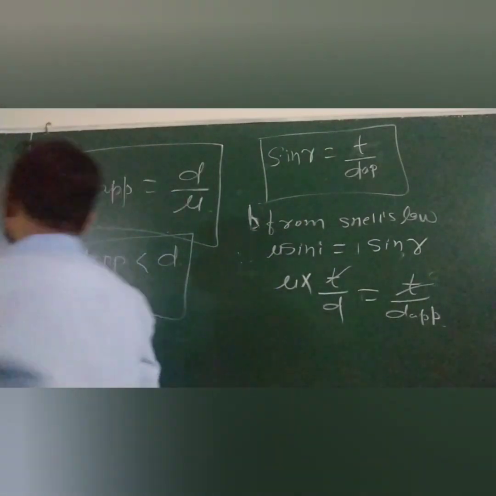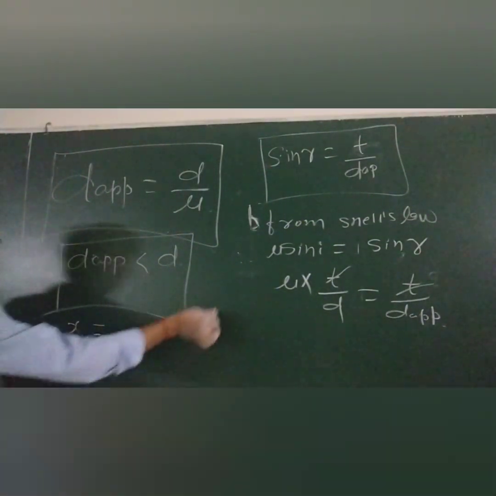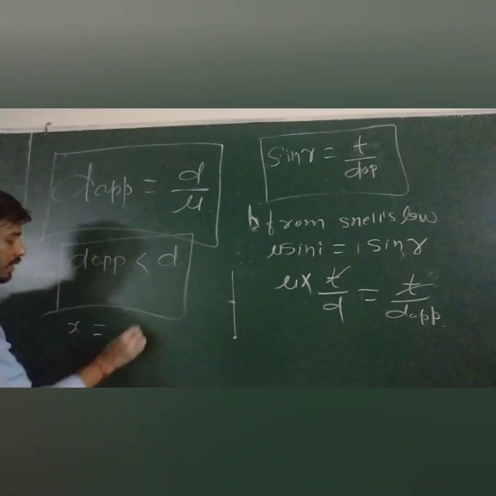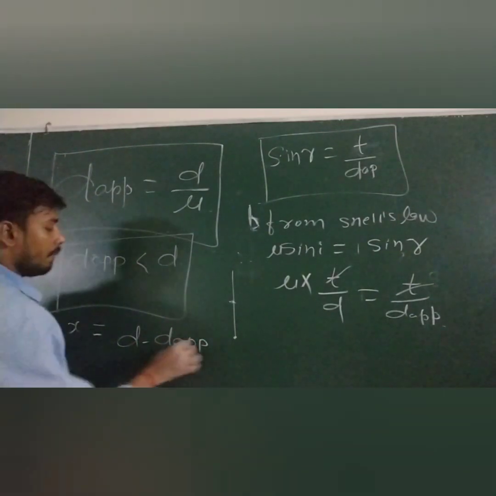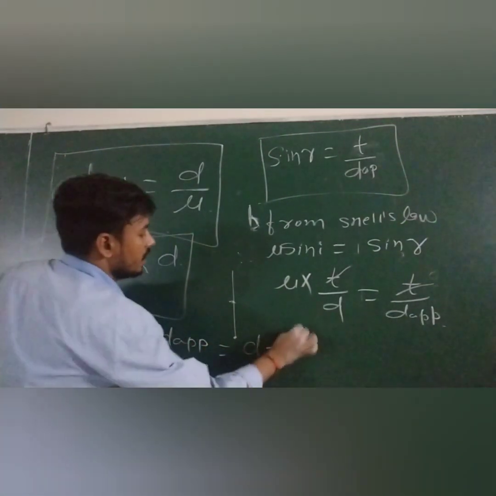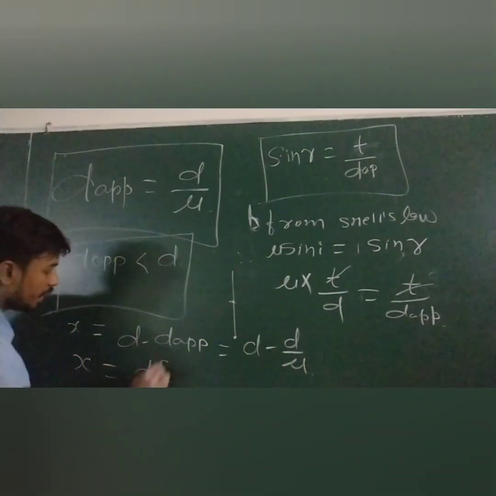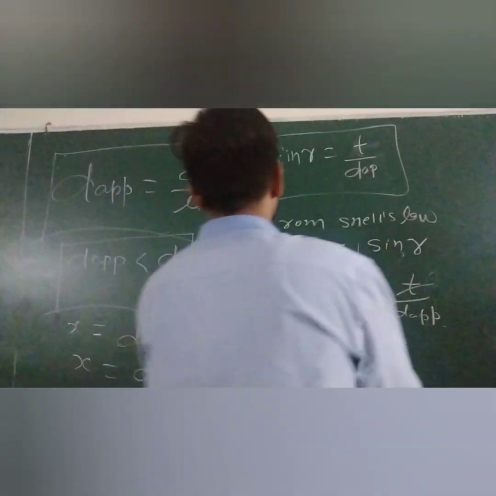This is called normal shifting. Normal shifting is d minus d apparent, so d minus d by mu, which becomes d into 1 minus 1 by mu.